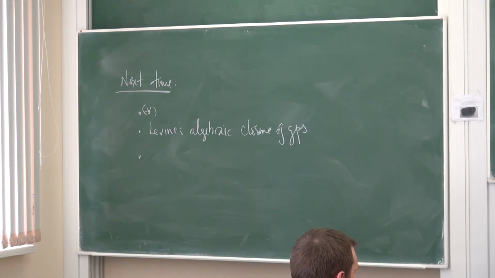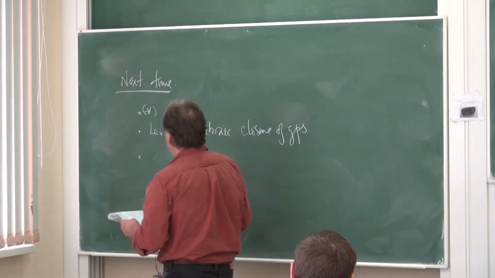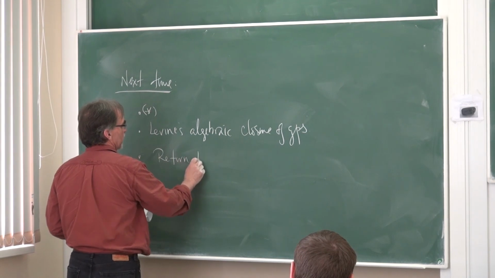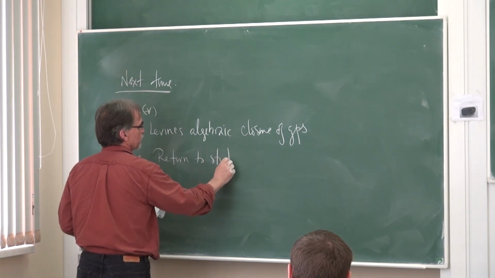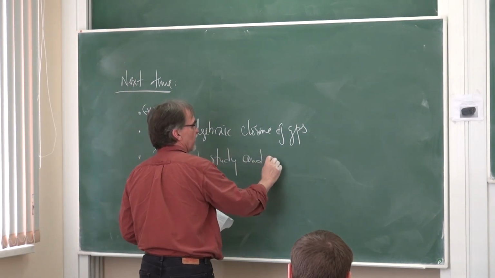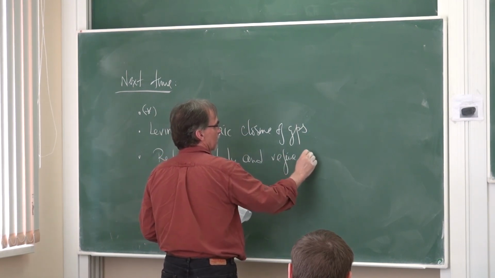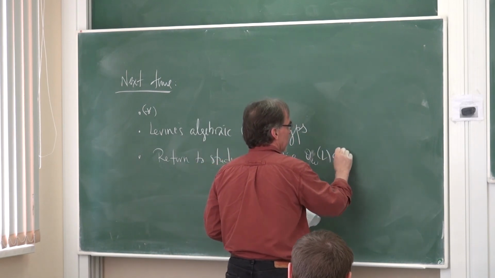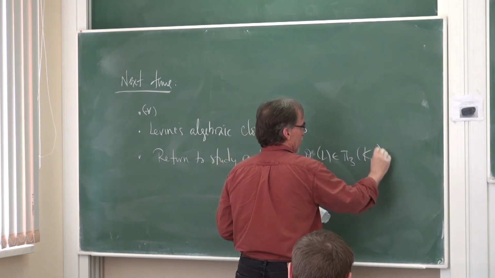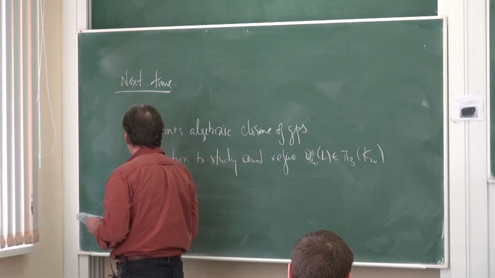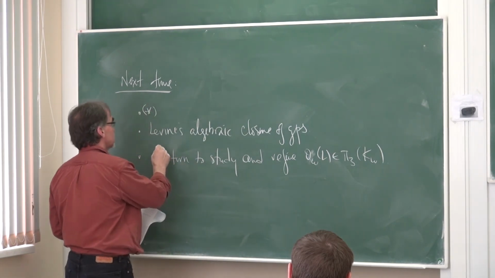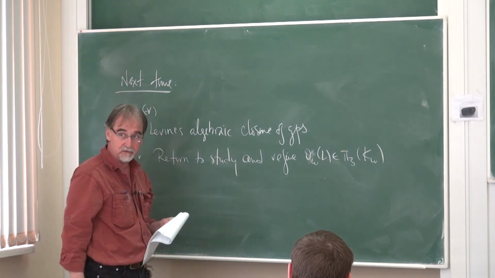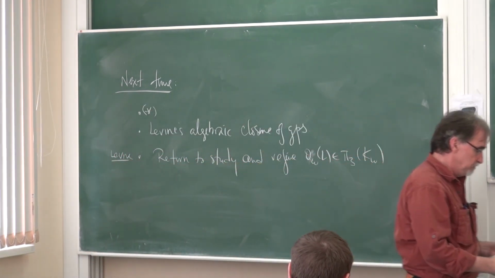I'm then going to return to study and refine theta omega of L in pi 3 of K omega. And the work that I'm going to do that does that is all due to Levine. In fact, it was why he defined this notion of algebraic closure of groups.